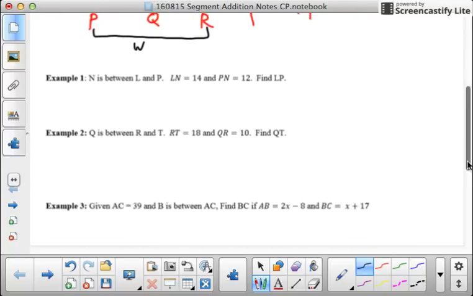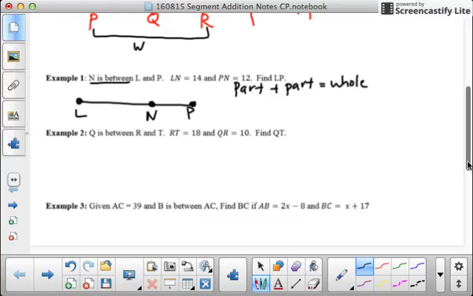Let's look at our first example. Example 1: N is between L and P. If I draw a line segment and N is between, then N is somewhere here between L and P. Based on segment addition, part plus a part equals a whole.